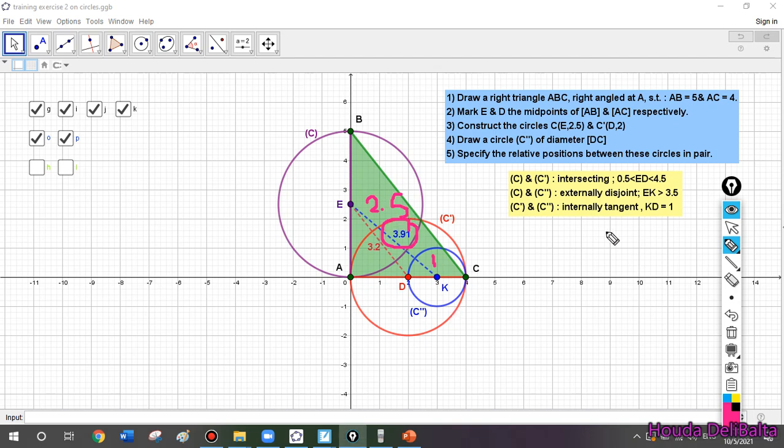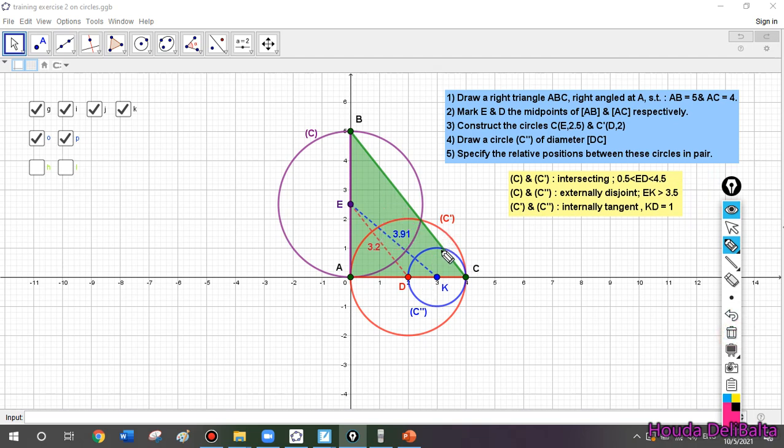The sum is 3.5, while 3.91 is greater than 3.5. So the distance from E to K between the centers is greater than the sum of the radii, which is 3.5. That's the justification.